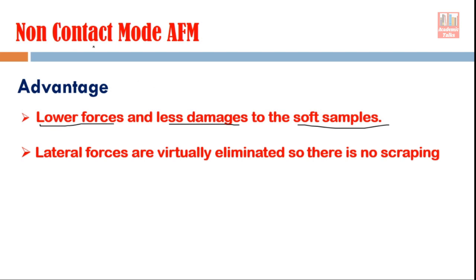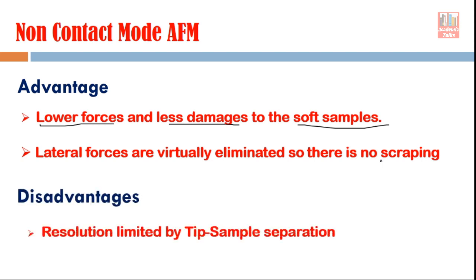In non-contact mode the gap is a little bit higher, so there will be less damage, or you can say fewer lateral forces. Lateral forces are virtually eliminated, so there is no scraping. So not only is the contamination issue solved, but scraping or scratching of the sample will also not take place.